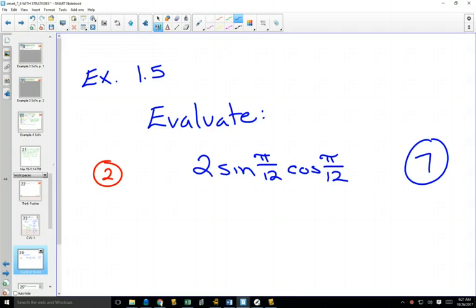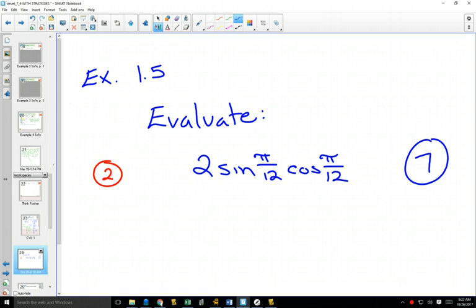And it's to be able to say, I've got my other formulas memorized too, and I recognize my 2 sine theta cos theta formula show up. Can you see that that's the right-hand side of your double angle identity for sine? Sine 2 alpha is 2 sine alpha cos alpha.